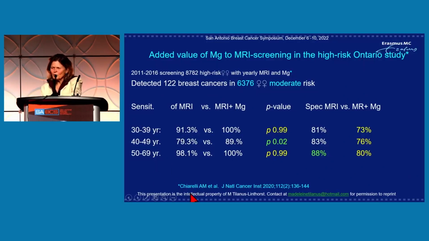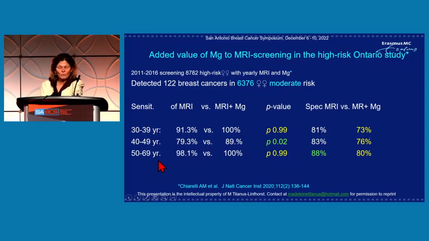This was confirmed by the large observational Ontario study. Over 6,000 women with moderate risk were screened with MRI and mammography, 120 breast cancers detected. And below age 40, the addition of mammography to MRI did not significantly improve the sensitivity, but it clearly decreased the specificity.